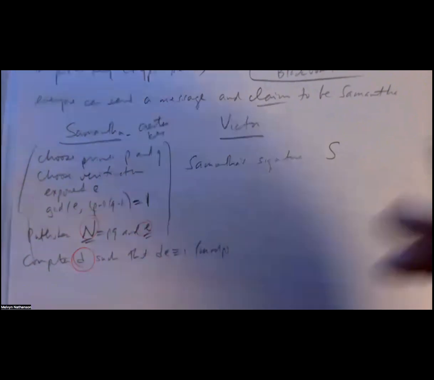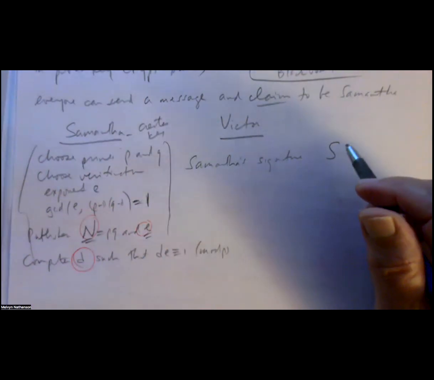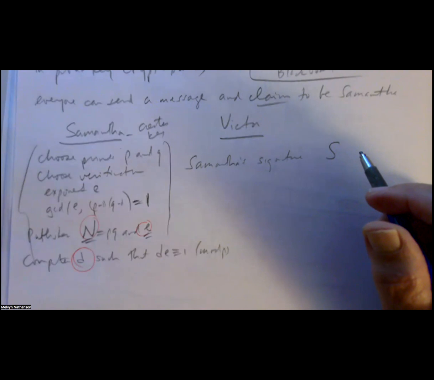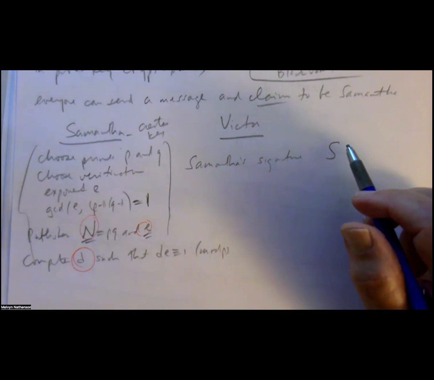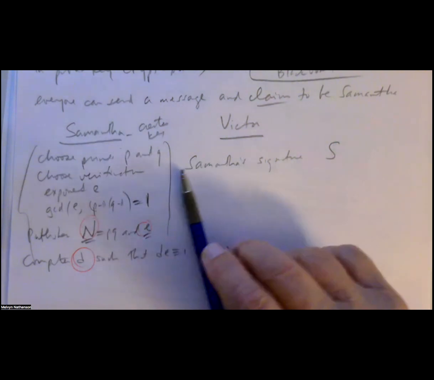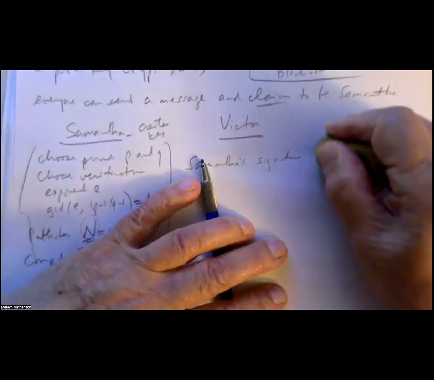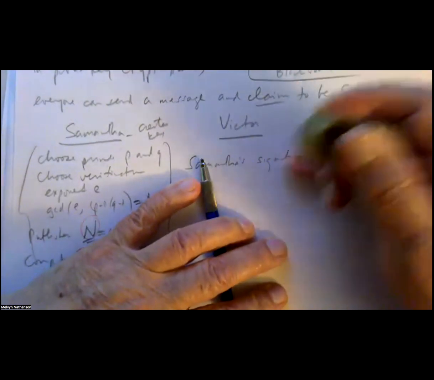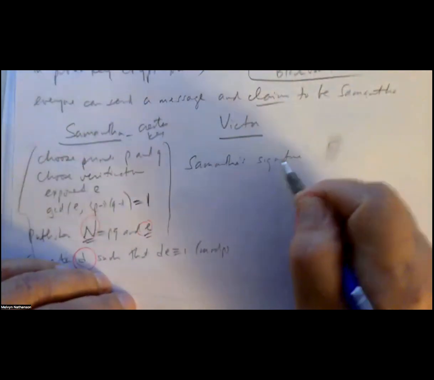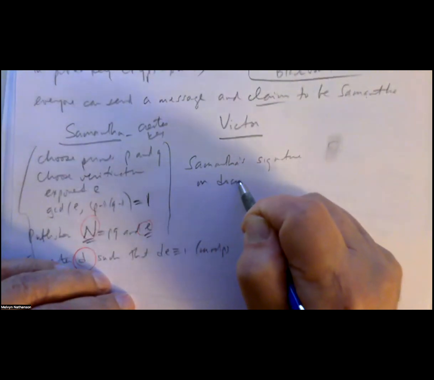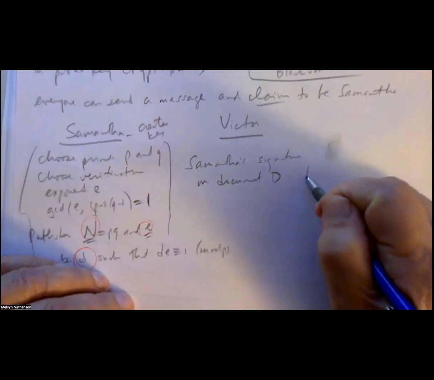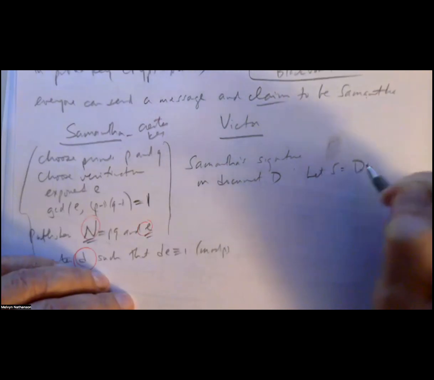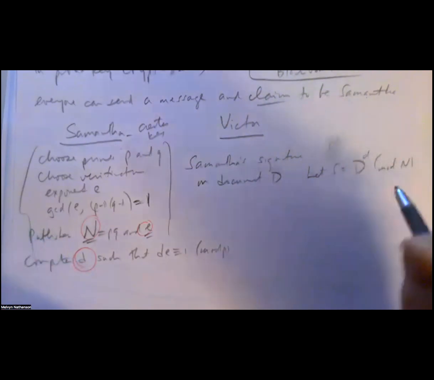So Samantha computes, she wants to sign a document, Samantha's signature on the document D. So you let S be D to the power D mod N.